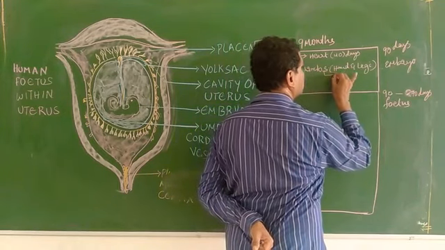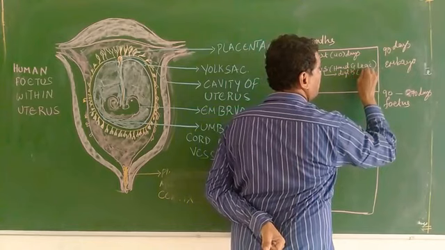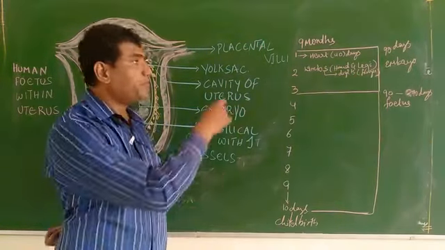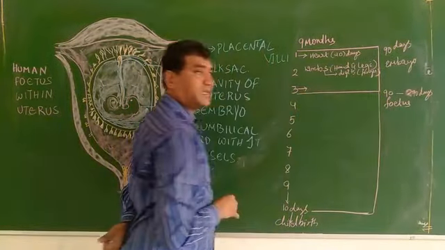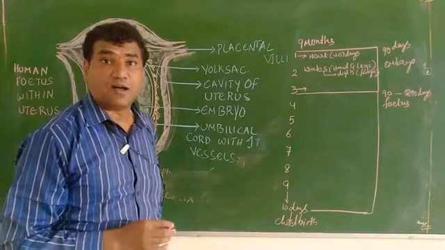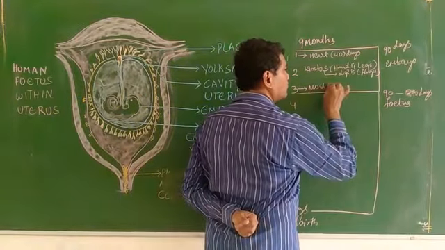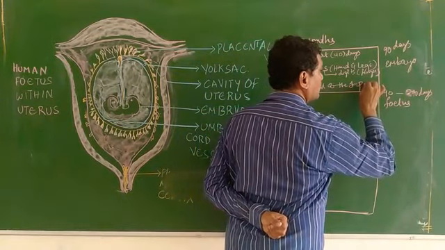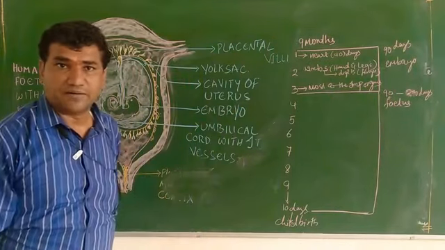You can also see the digits, the fingers of the baby. In the third month of pregnancy, most of the organs are developed.